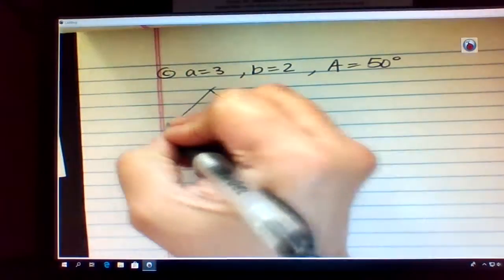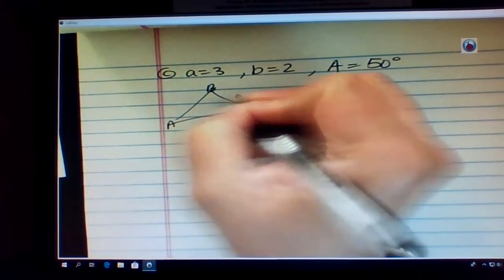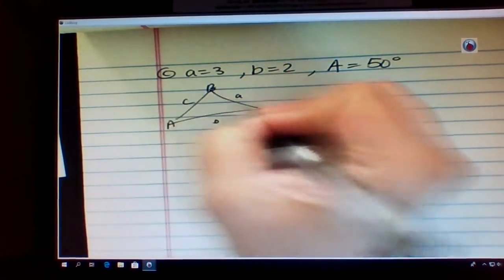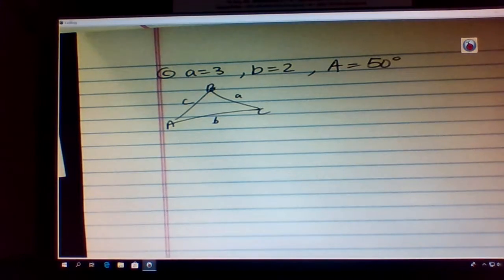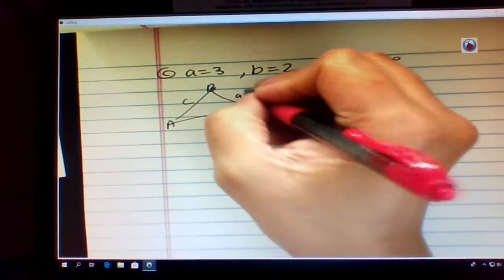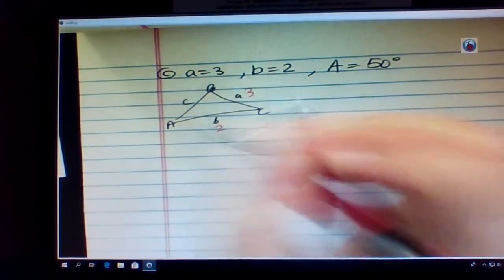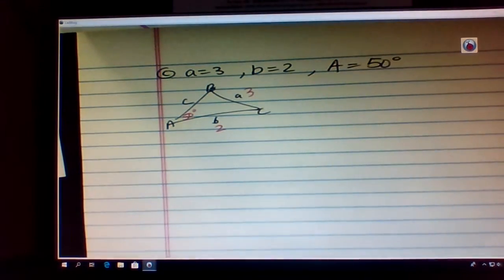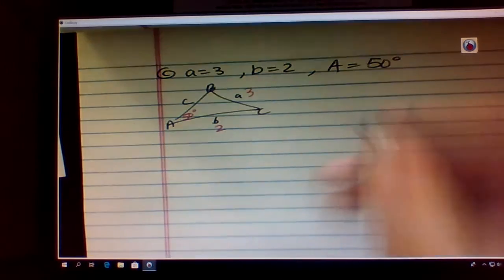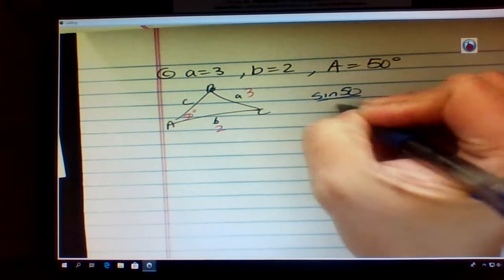I'm going to label that A, that B, that C, little a, little b, little c, and put in the information they give you. Which one do you know both for? The A, right? So this becomes sine of 50 over 3.